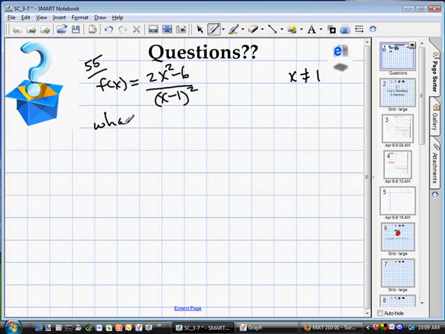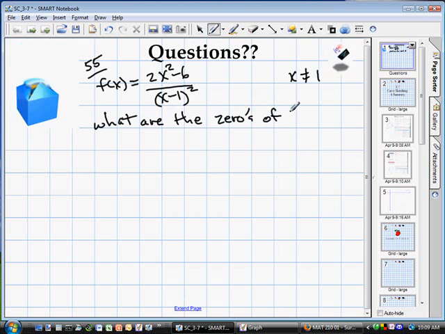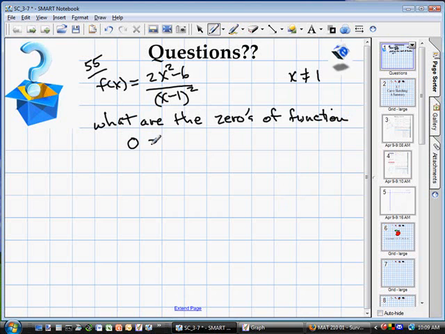What are the zeros of the function? You guys remember that terminology? It means when is the function equal to 0? So in other words, I want to know when it crosses the x-axis. That would be interesting for graphing. So all you have to do is set the function equal to 0 and do your best to solve.